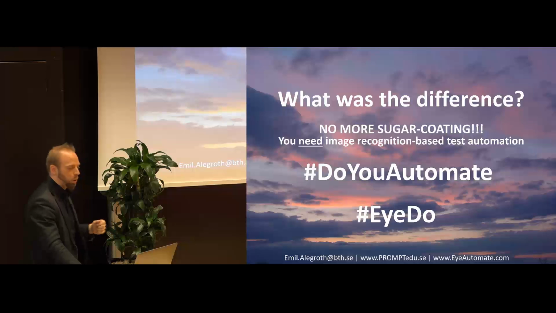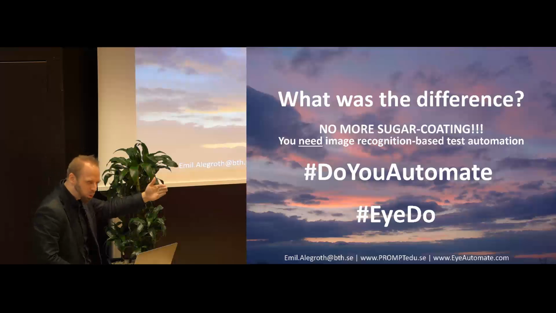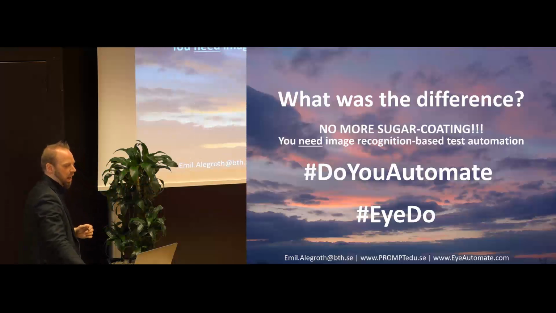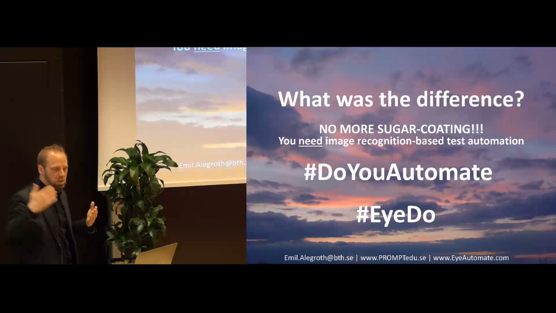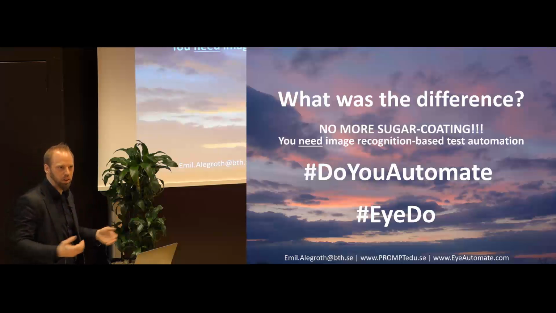Okay? So, what was the difference? I started off with a question, about the difference between the different layers and so on for verification, validation, the pictorial UI versus everything else. And what I came up with, with no more sugarcoating, is that you need some type of UI-based testing in order to reach continuous deployment, etc., right?